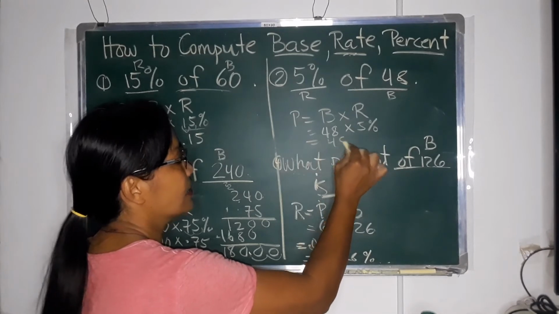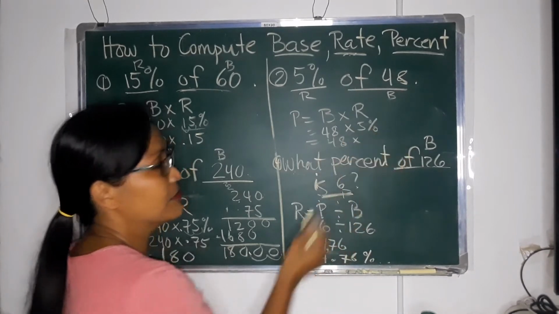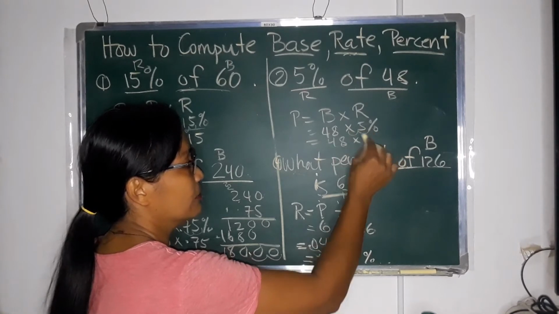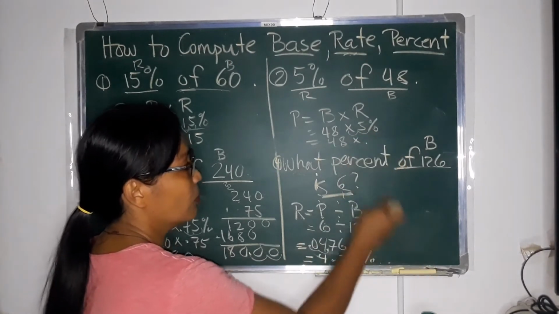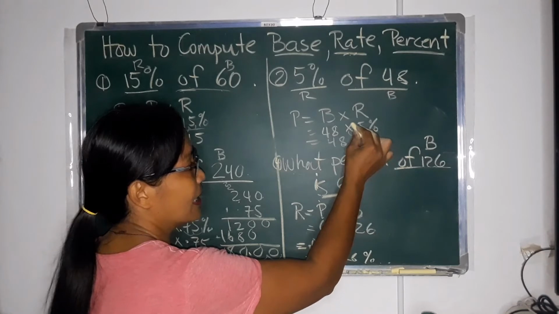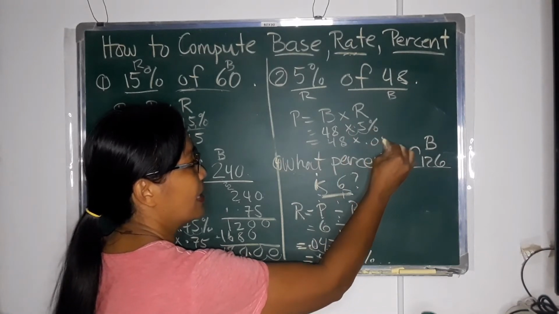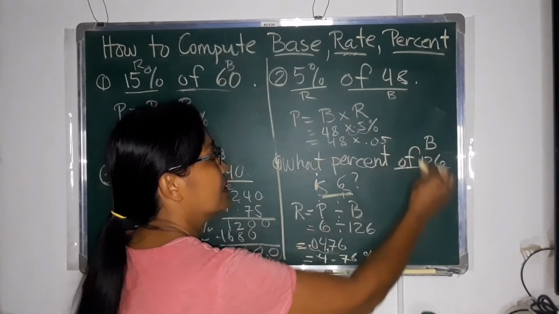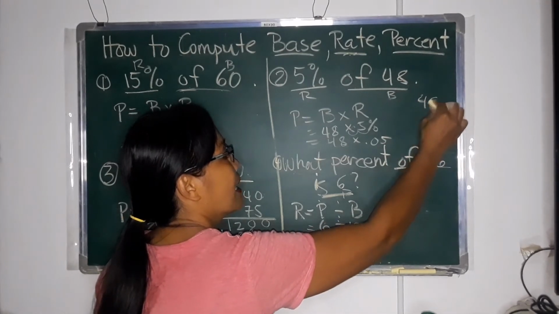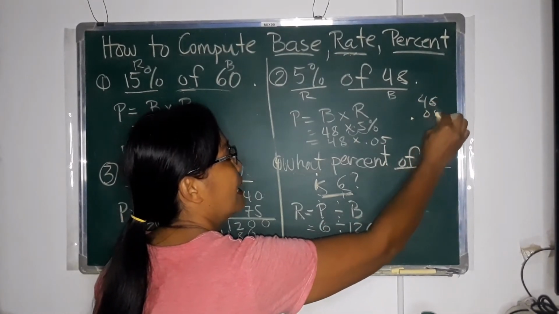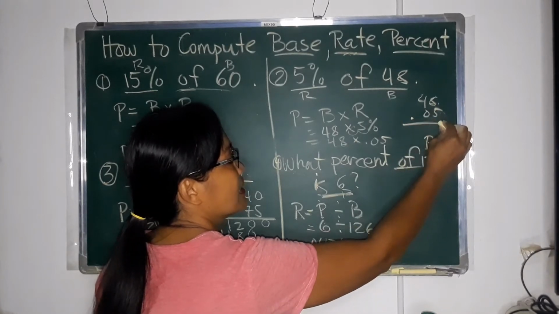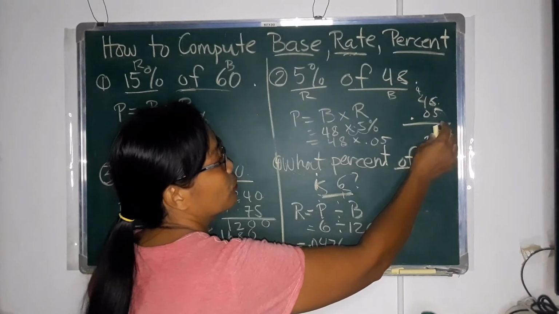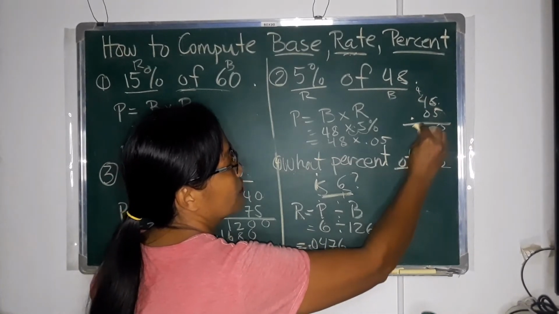So, 48, i-convert natin si percent into decimal. So, move twice to the left. 1, 2. So, kung may bakante dito, lagyan ng 0. So, 0.05. So, i-compute natin. 48 multiplied by 0.05. So, 5 times 8 is 40. 5 times 4, 20. 24.